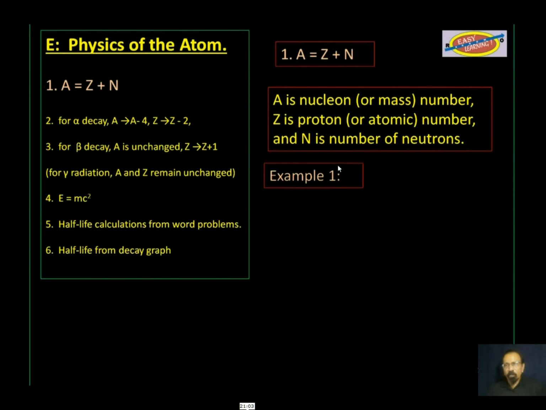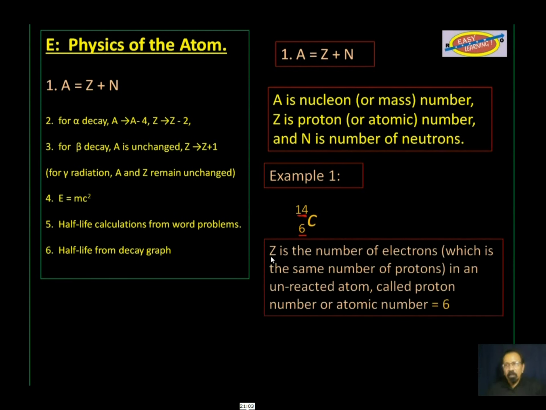Now, let's look at example 1. Carbon has a 14 up here and a 6 down here. Now, this is carbon 14, not carbon 12. Now, Z is the number of electrons, which is the same as the number of protons in an unreacted atom, and it is called the proton number as well as the atomic number, and in this case, that is 6.